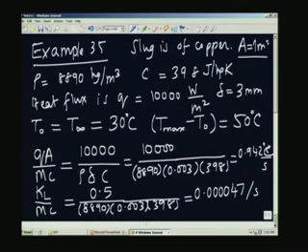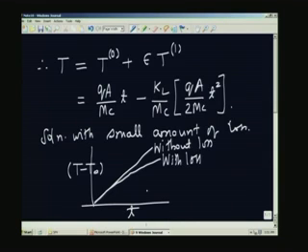So, the two characteristic numbers describing the problem are obtained. All I have to do is to now substitute into the solution. If you remember, the solution is, let us go back and write it from the beginning. I think it was somewhere here. The solution is given by T equal to qA by mC into t minus kL by mC into qA by 2mC t squared.